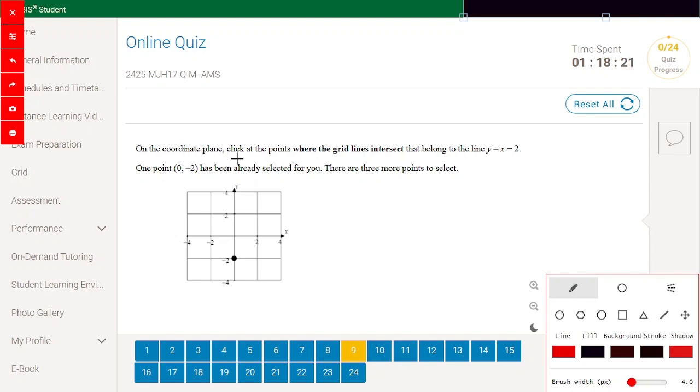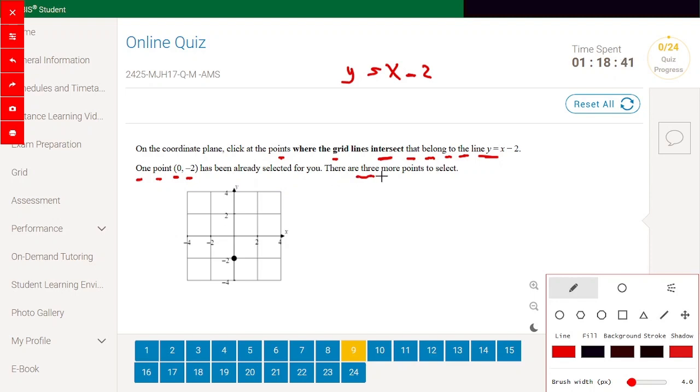On the coordinate plane, click at the points where the grid lines intersect that belong to the line y equal x minus 2. One point, which is 0 and minus 2, has already been selected for you.